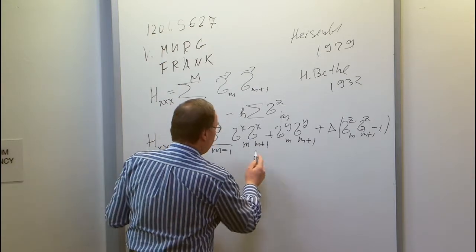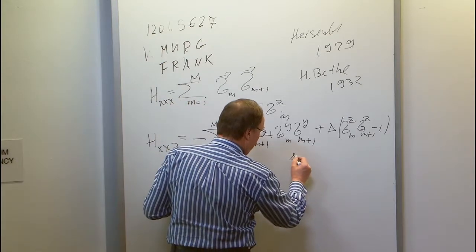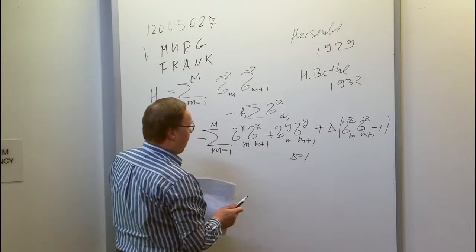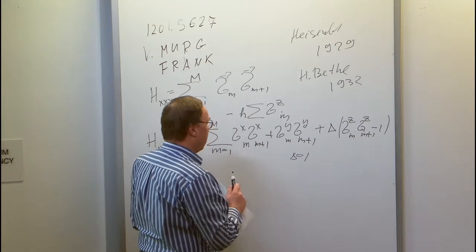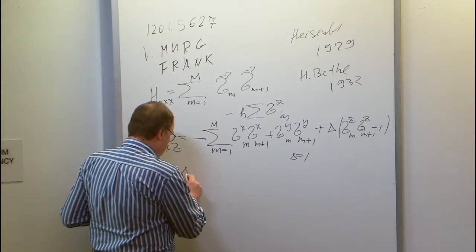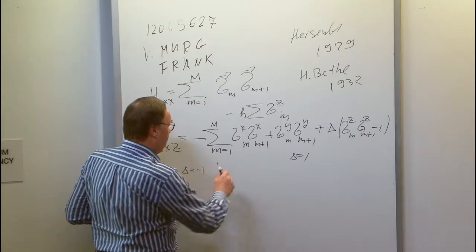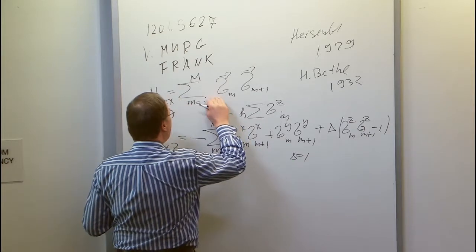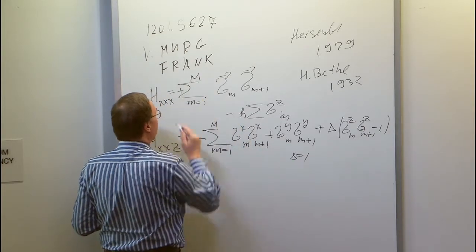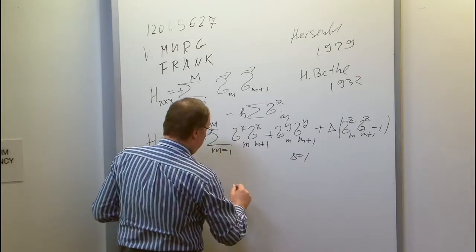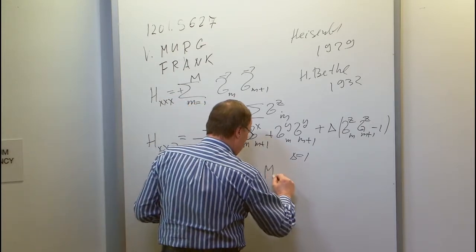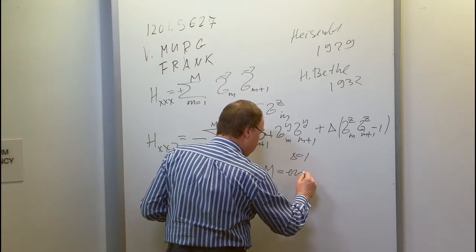The relation of this model is like this. When delta is equal to 1, this is XXX, but it's ferromagnetic XXX, meaning the ground state is a product state, the ferromagnetic state. When delta is equal to minus 1, then this XXZ maps back to here with a plus sign. For the antiferromagnetic one, I will consider the case of even length of the lattice, M capital, the total length of the lattice, is an even number.